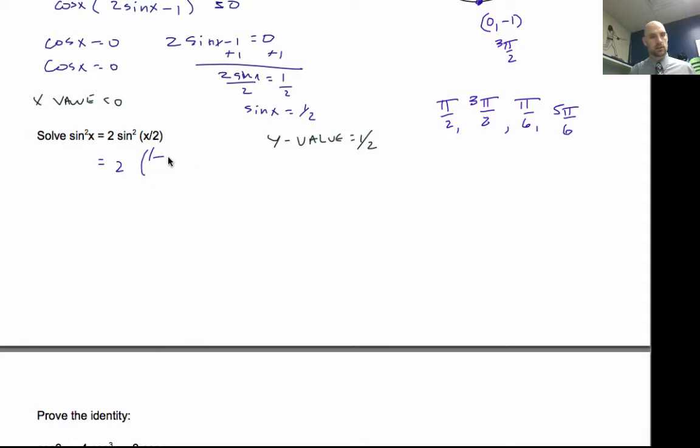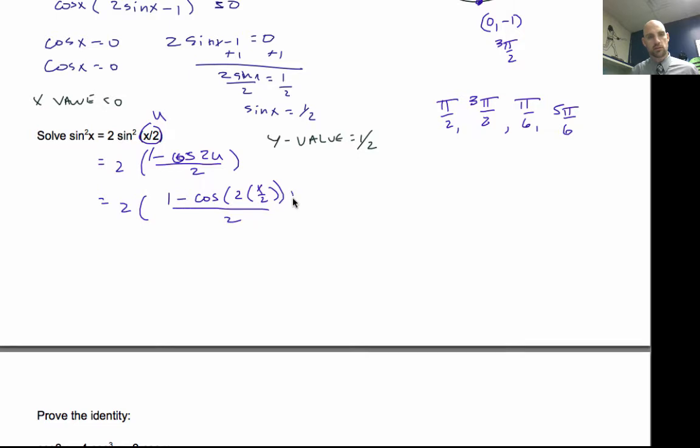1 minus the cosine of 2u over 2, and in this case my u is x over 2, so this would be 2 times 1 minus the cosine of 2 times x over 2, right?